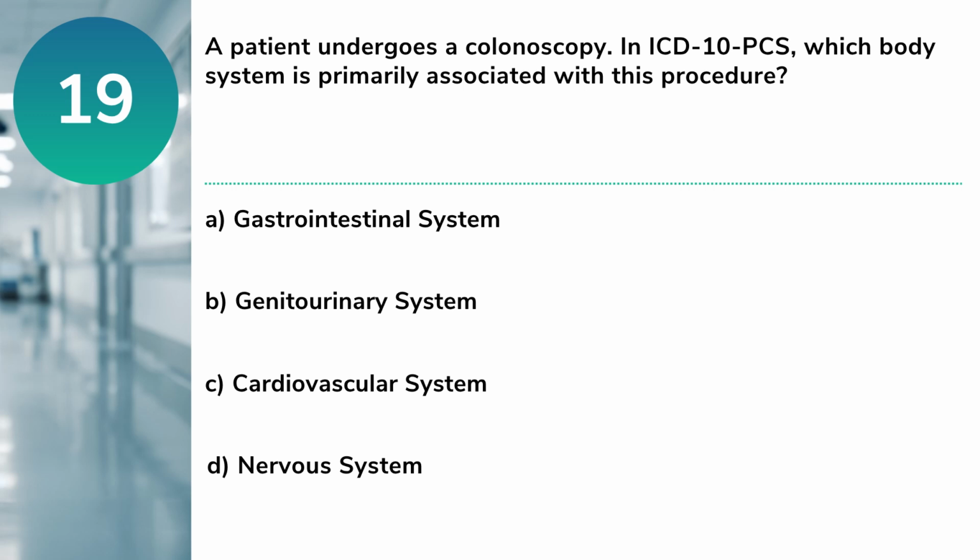Question 19. A patient undergoes a colonoscopy. In ICD-10-PCS, which body system is primarily associated with this procedure? A. Gastrointestinal system. B. Genitourinary system. C. Cardiovascular system. D. Nervous system.